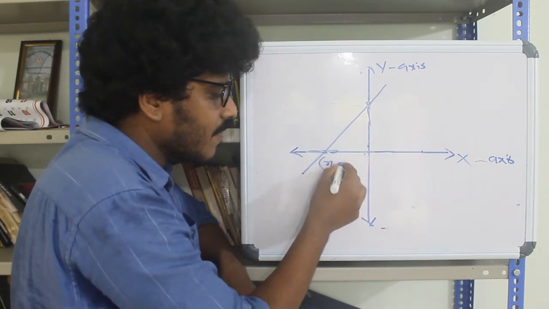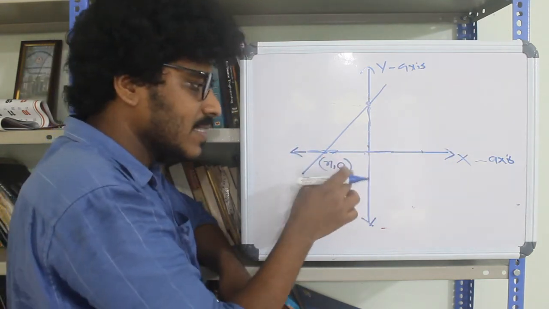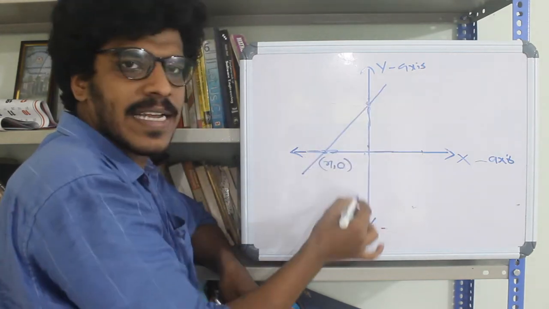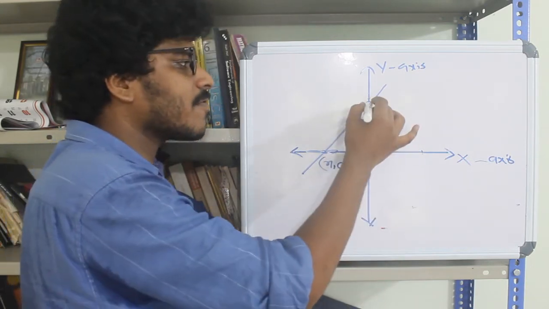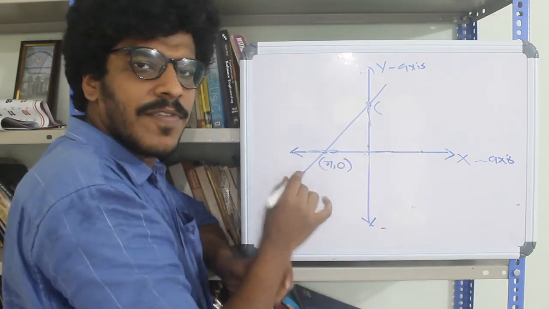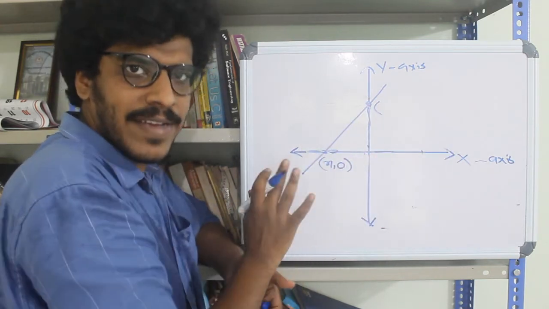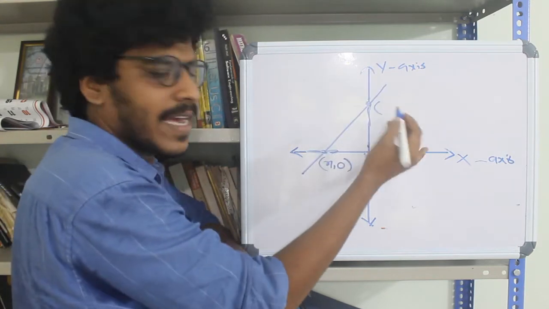So we have the general form of points on the x-axis as (x, 0). The y-coordinate is 0 means we are not moving in the y direction, we are only moving in the x direction, right? Similarly, on the y-axis, we are not allowed to move in the x direction, but we are only restricted to move on the y-axis.